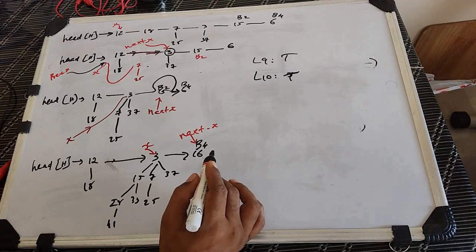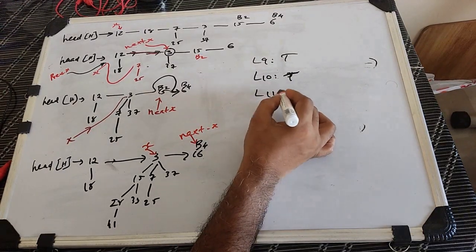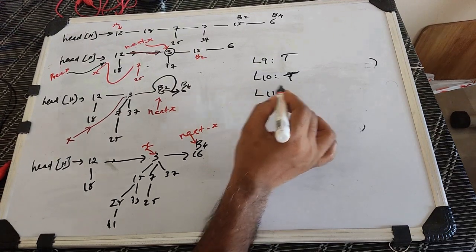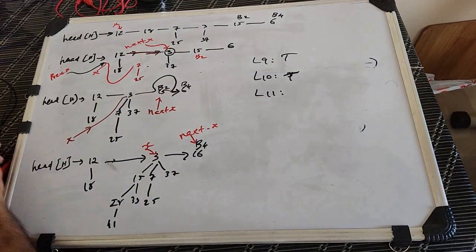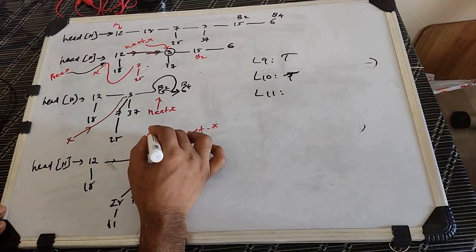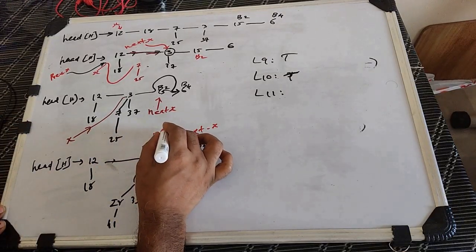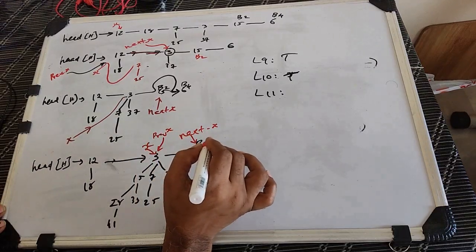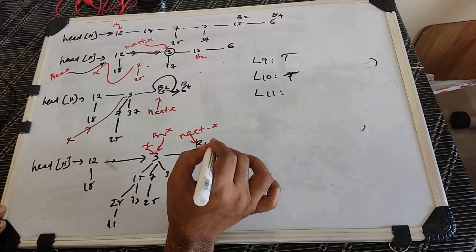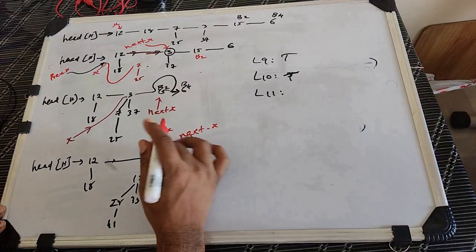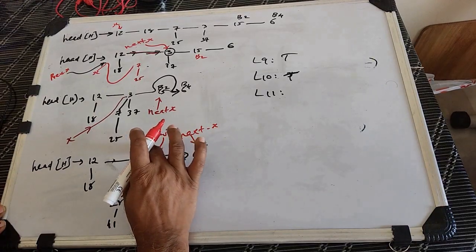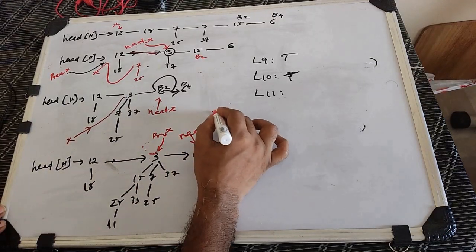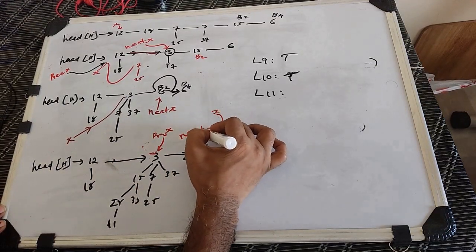Then line number 11. Line number 11, previous of x equal to x. So previous of x equal to x, then x equal to next x. X equal to next x.